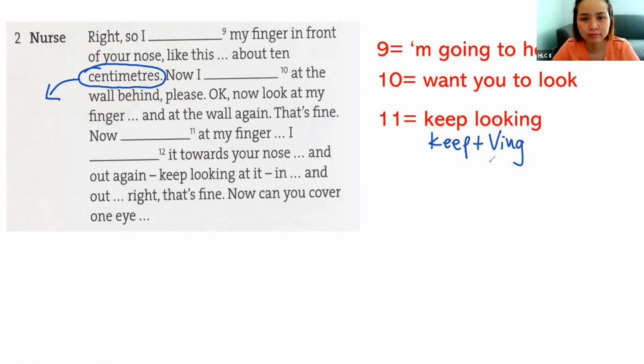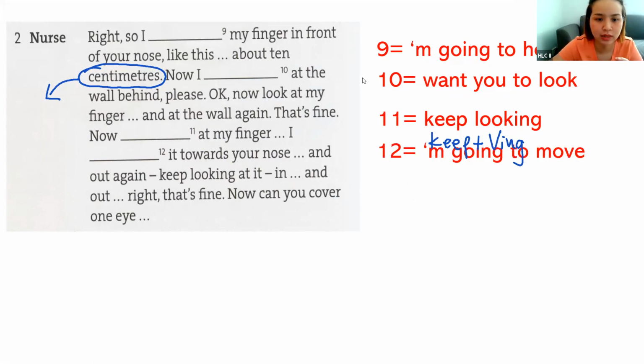Or if I'm driving a car and I don't know if I should turn left here or not, and my friend who's sitting beside me tells me just keep going, or keep driving, do not turn left or turn right, just keep going. It means keep doing it continuously. Keep watching the hand.